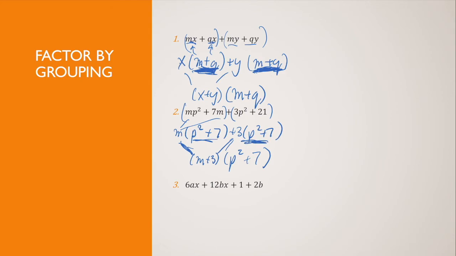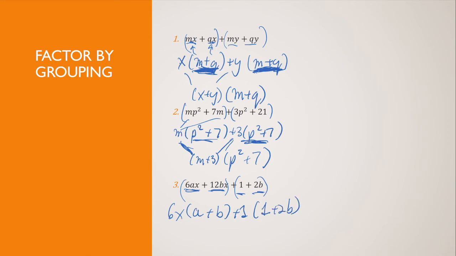Next, if I have 6ax plus 12bx plus 1 plus 2b, let's go ahead and put in our grouping symbols. The greatest common factor of 6ax and 12bx is going to be 6x. That leaves me with 6x times a plus b plus 1 plus 2b. Well, what's the greatest common factor of 1 and 2b? That's 1.